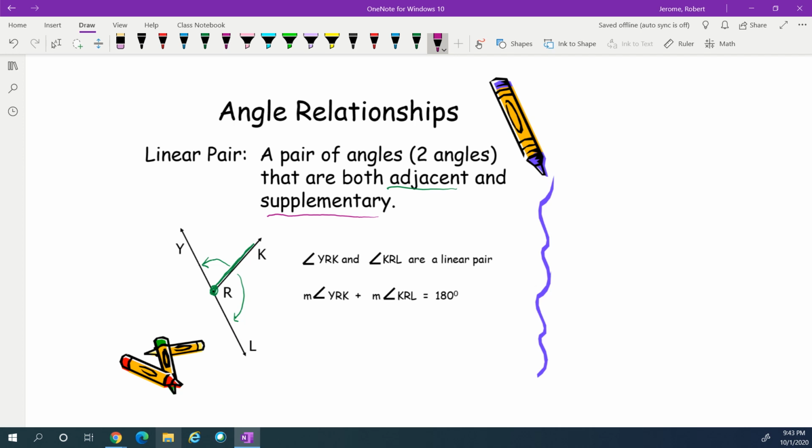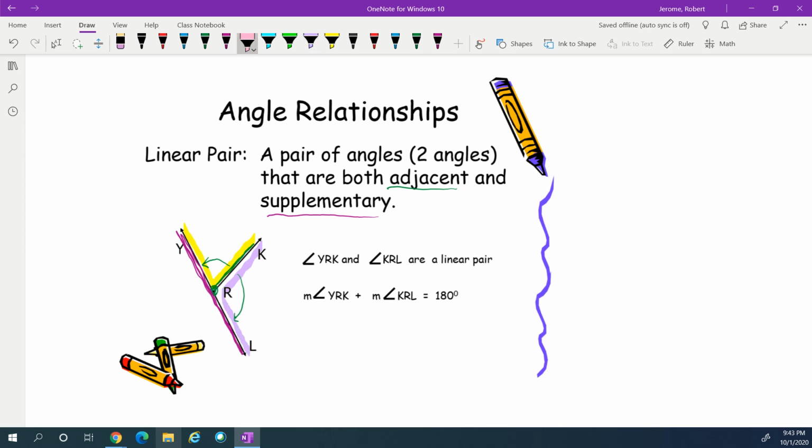So think about it. A straight angle is 180 degrees. So together, these make the straight angle YRL. So we can do some angle addition, but we could also say these are a linear pair. Again, the two small angles here are adjacent and supplementary.